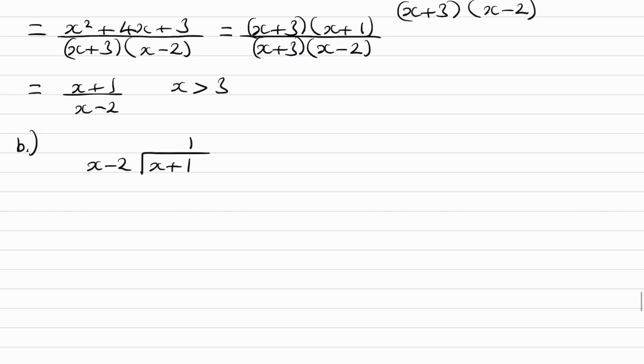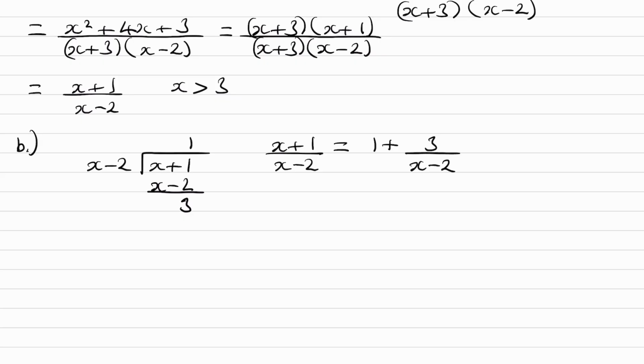We then do the 1 multiplied by the x minus 2, that gives us x minus 2. Subtract the two things, that gives us 3. And that means that x plus 1 over x minus 2 is equal to the quotient 1 plus the remainder 3 over the divisor x minus 2.